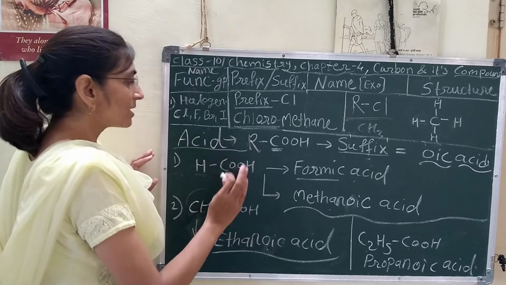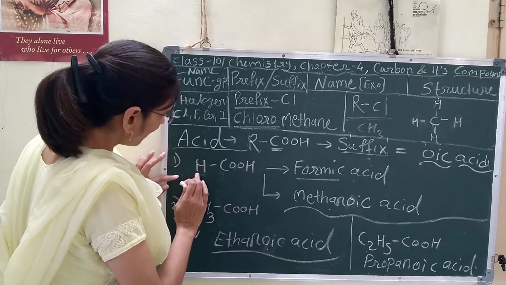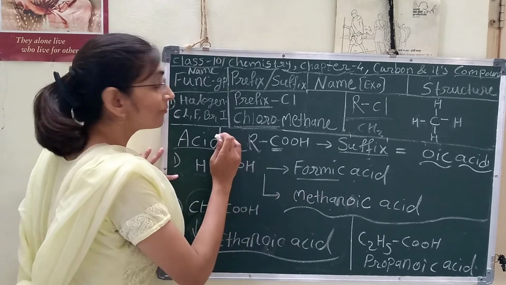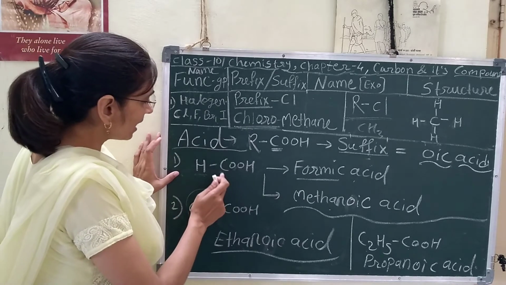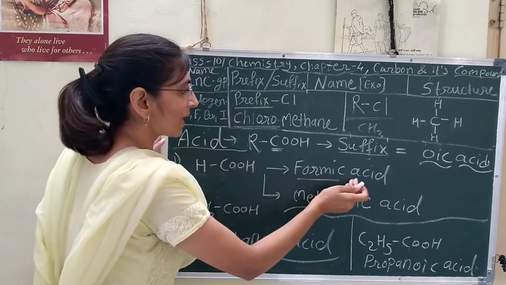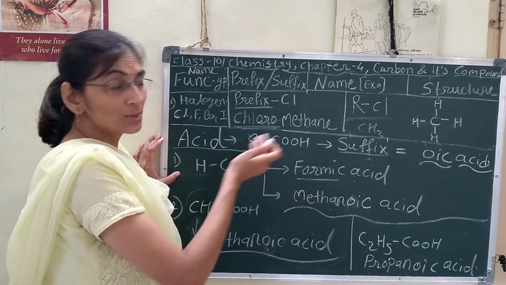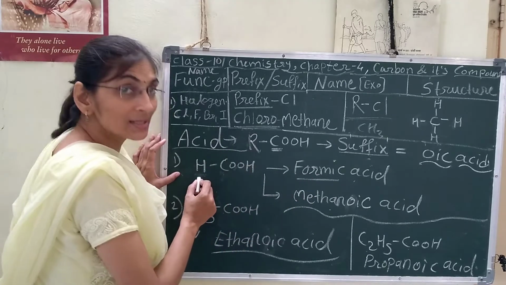Means there must be one carbon atom and one hydrogen atom for the first member of acid. So with a single carbon atom, if we have to start the series, then R must be H.